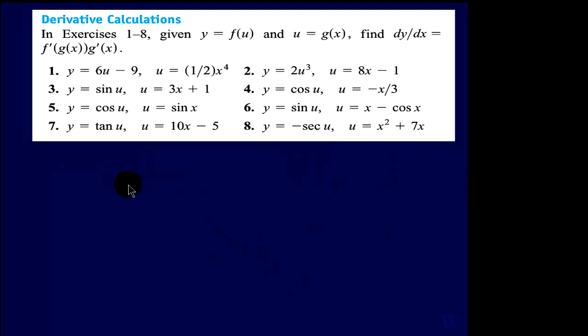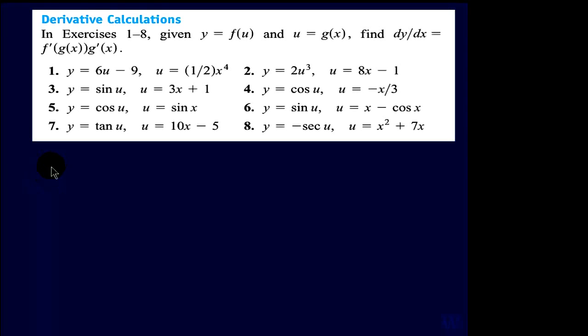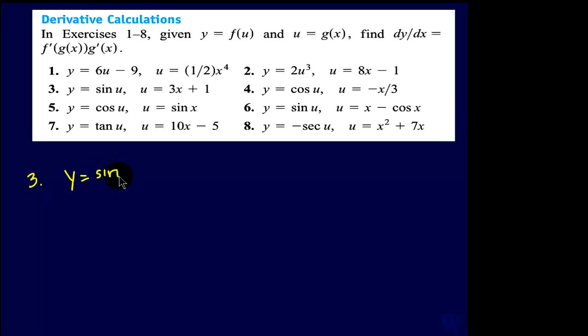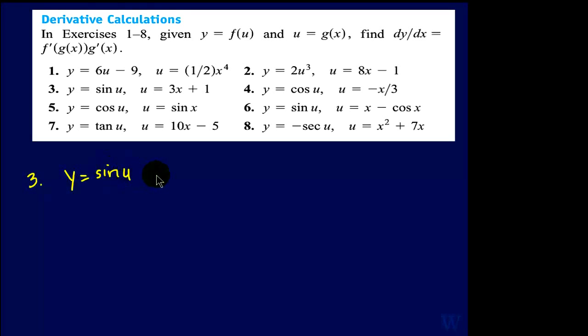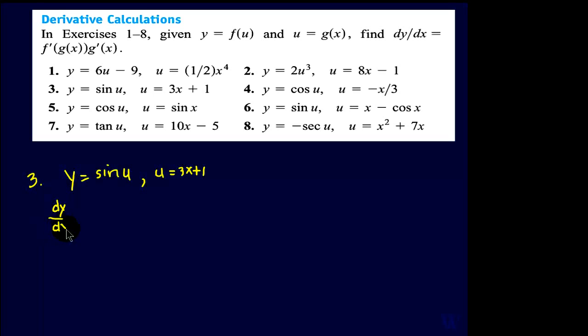Okay, let's do, suppose we do number 3. Y is equal to the sine of u, where u is equal to 3x plus 1. So dy by dx is equal to dy by du times du by dx. So what is the derivative of y with respect to u?